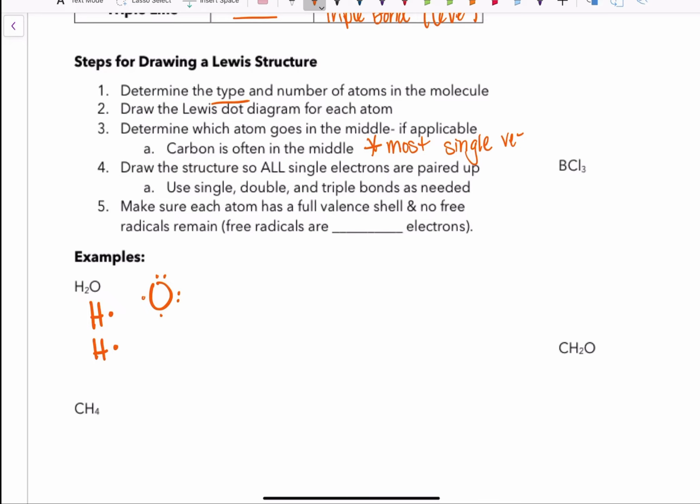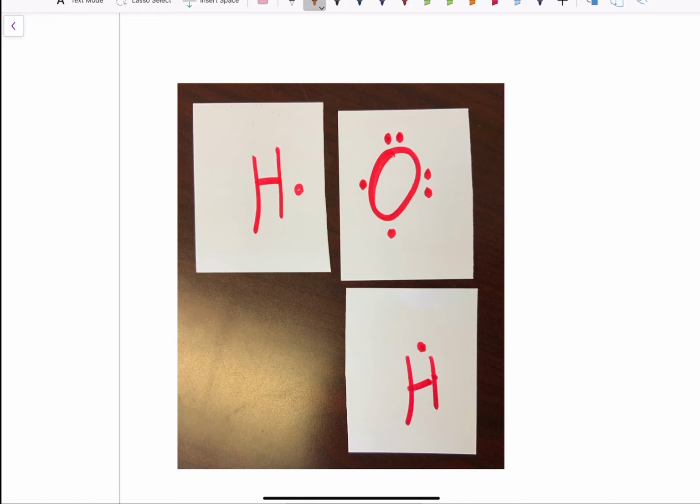So I want to show you a picture of this, similar to the activity we already did. It looks like this. And this is very similar to what we just drew, just arranged differently. Whenever you're drawing Lewis structures, our single dots are going to match up. And what happens is these single dots form a bond.